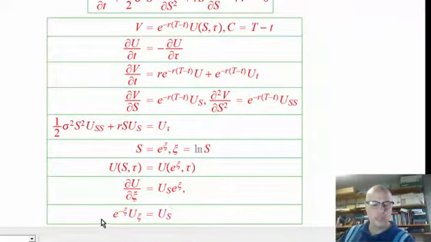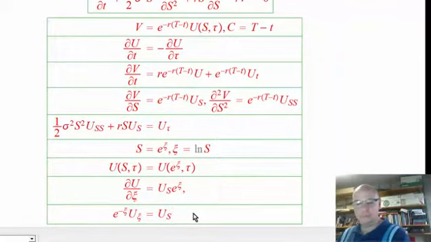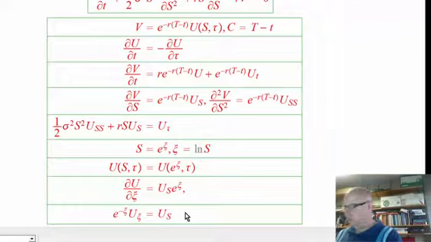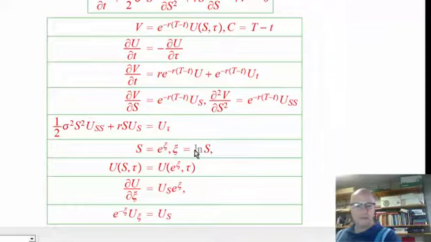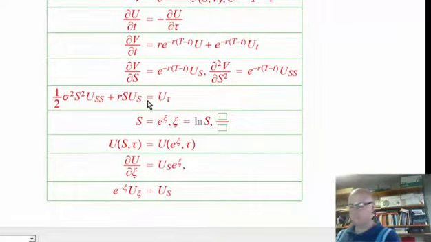Now I'm going to differentiate each side here with respect to s, because I need the u sub ss to go into here. I need the second derivative of u with respect to s twice. So I'm taking both sides of this equation, and I'm going to differentiate with respect to s. Up here, if I differentiate squiggle with respect to s, what do I get?